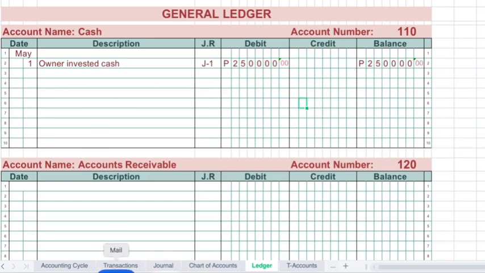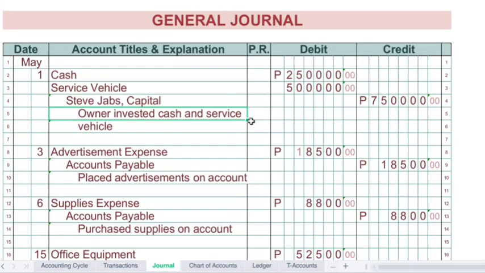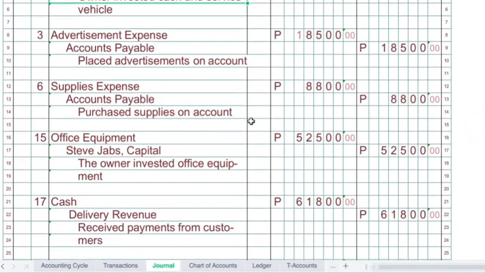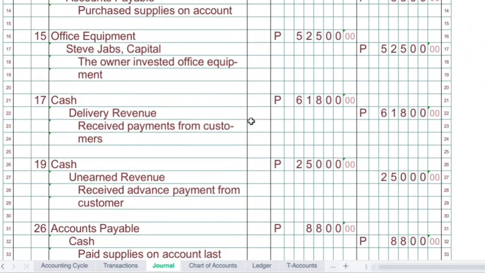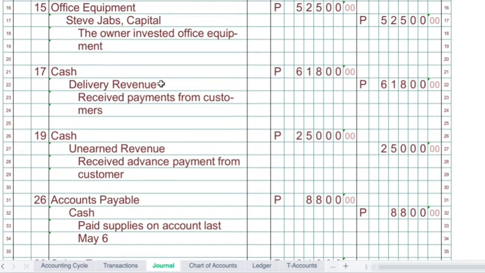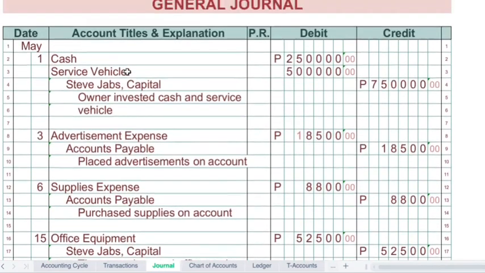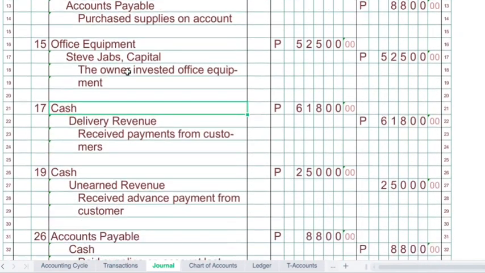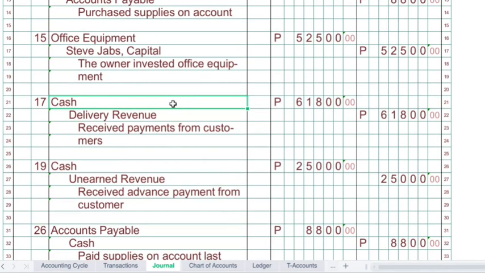Alright. Okay. So, balik tayo sa journal. Maghahanap naman tayo ng iba pang transaction na involves si cash. Okay. We have May 17. Okay. Check natin mabuti. May 17. We receive payments from customers, 61,800.